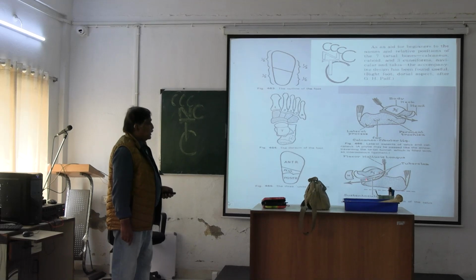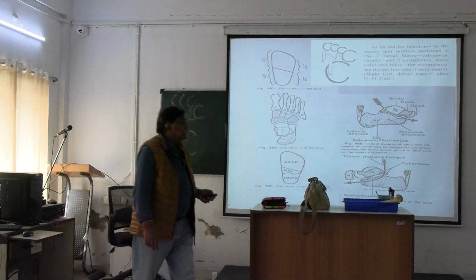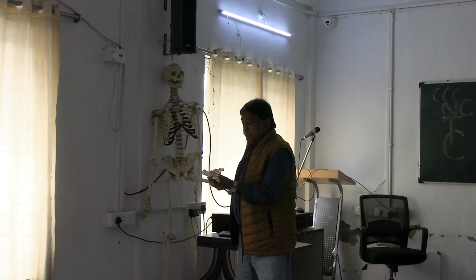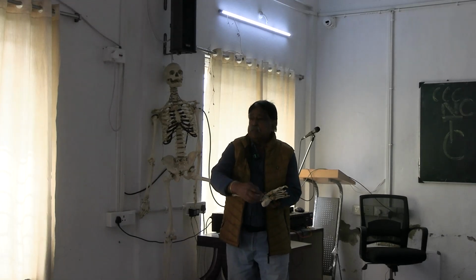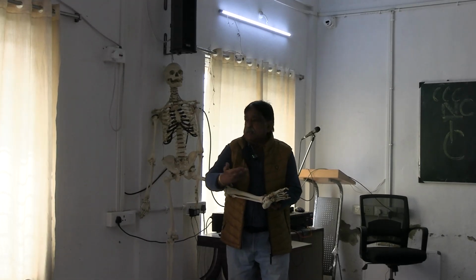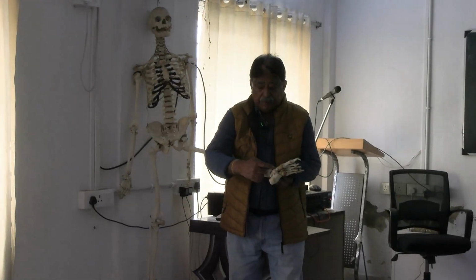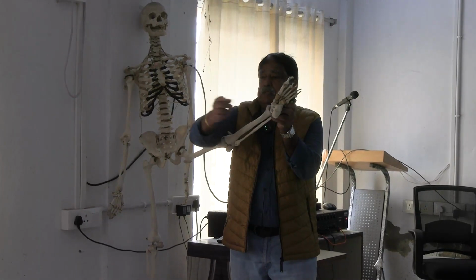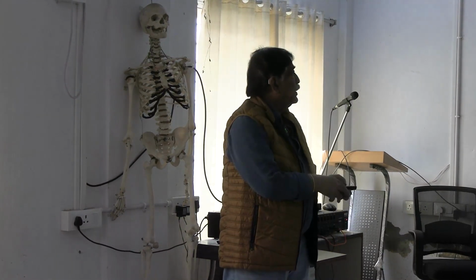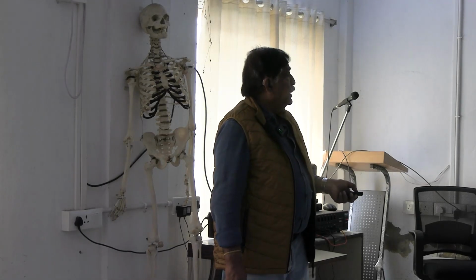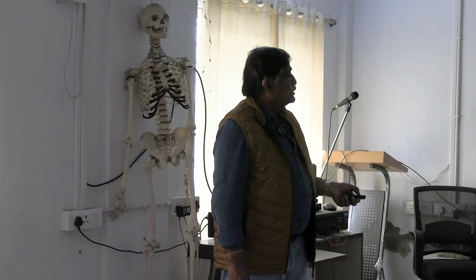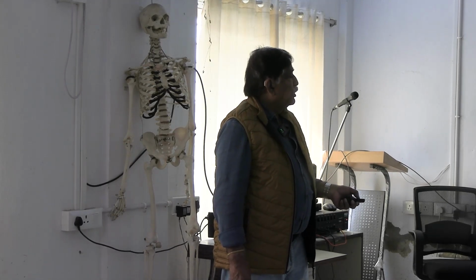This is the part of the sustentaculum tali, this portion jutting out. You see in the foot, medial to lateral you go, and you see flexor hallucis longus below this sustentaculum tali.